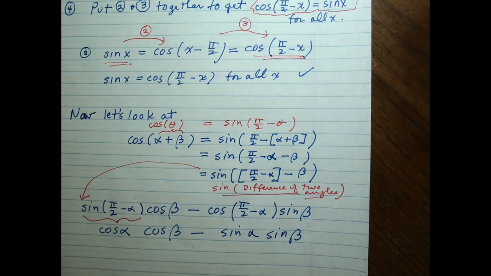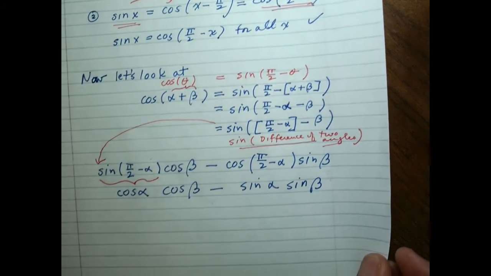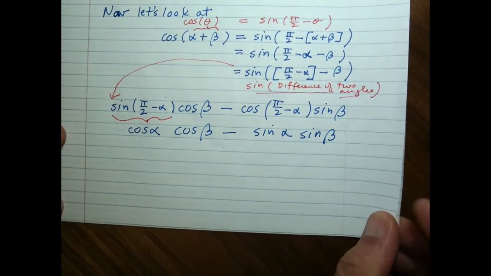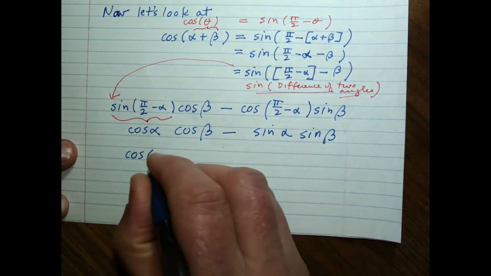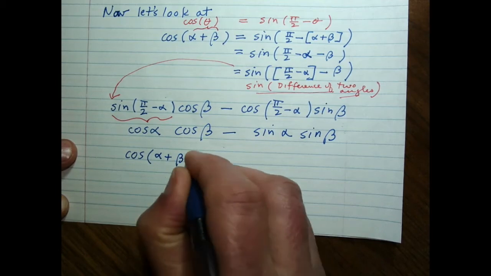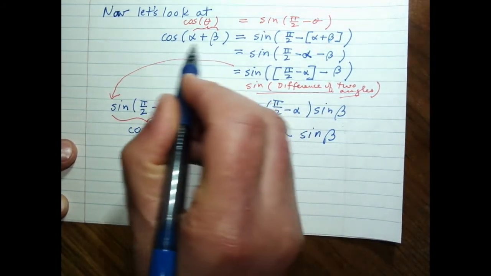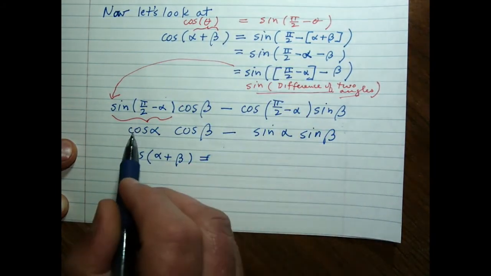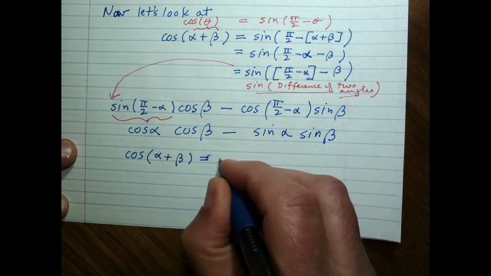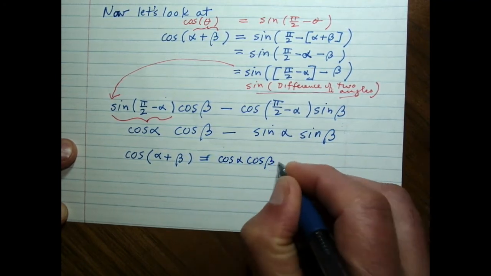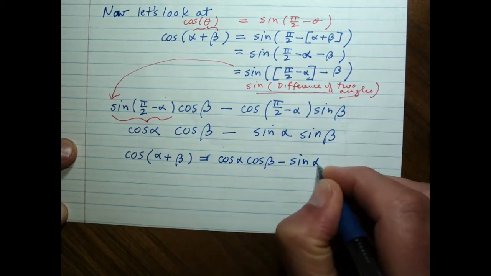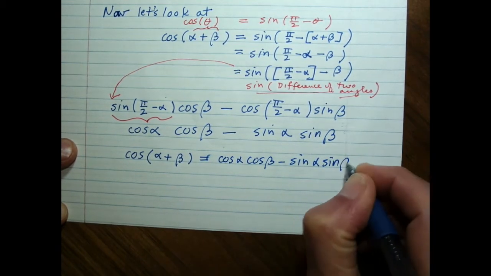And now I'm going to put it all together. What we're saying is cosine of the sum of two angles, alpha plus beta, that's where we started, is equal to this last line: cosine alpha, cosine beta, minus sine alpha, sine beta.